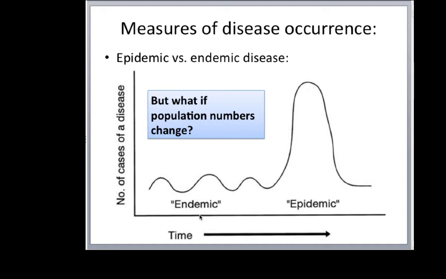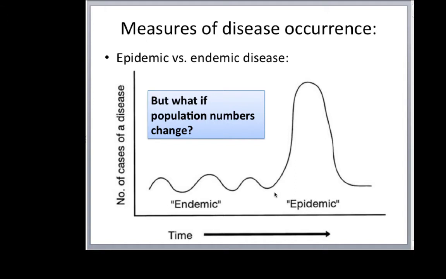We could take a look at the number of cases, and if those cases over time are all about the same level, maybe sporadically going up or down, but the average stays about the same, we call that endemic. That means the disease is always present in a population. And that's important to know because if it is endemic, if we see a case, that's not really cause for alarm for the population at large.